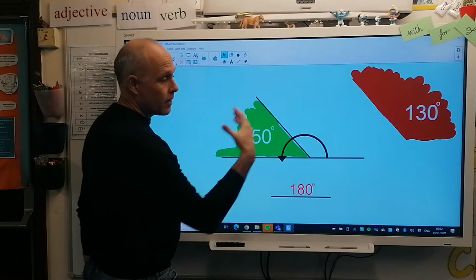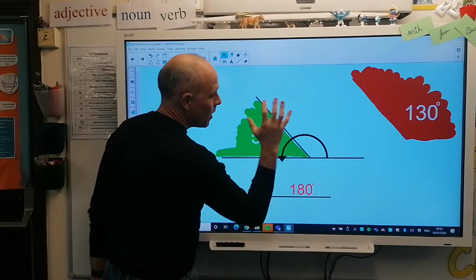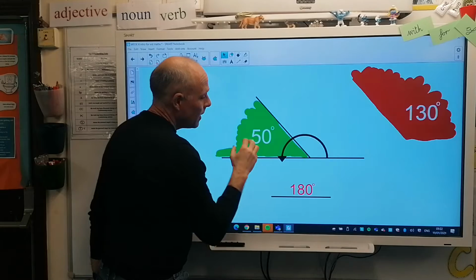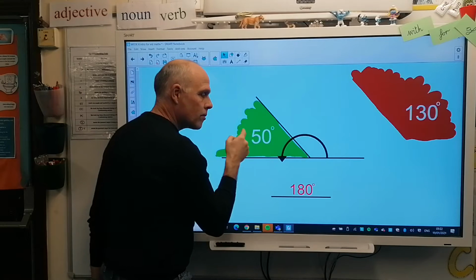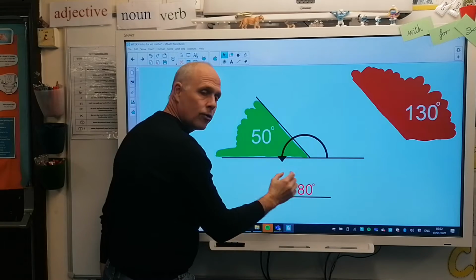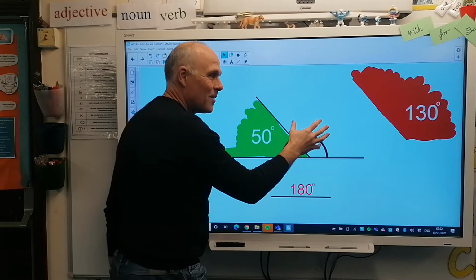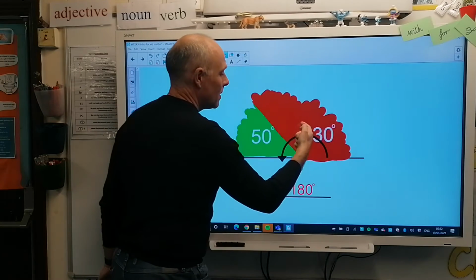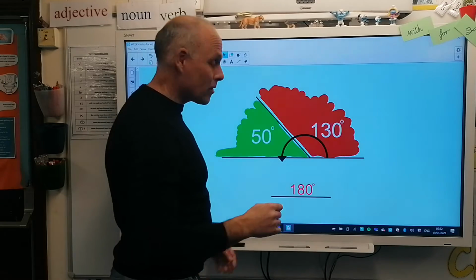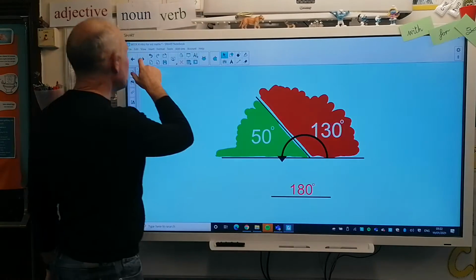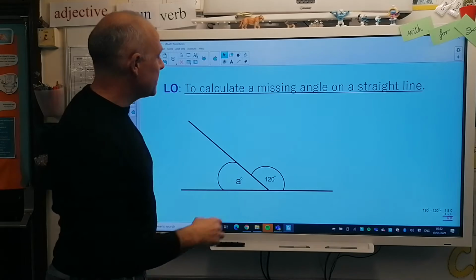If we got rid of that for the moment, and we don't know what that is, then if we took our 50 degree angle away from our 180 degree angle, we should be left with this angle over here. Hopefully 130 degrees. So let's have a little look at how we can put that into practice.